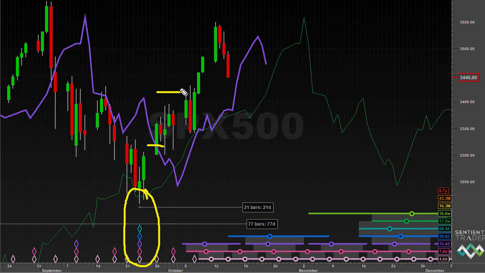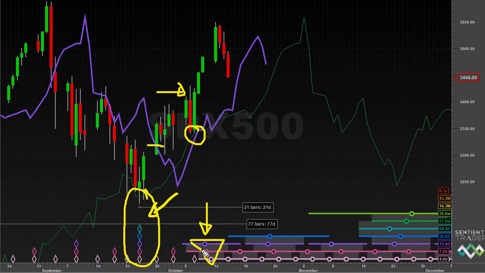It fulfilled its projection, which it is expected to do before it comes back down to the 20-day FLD. Now here is the next nest of lows. In other words, this is when we were expecting the first 20-day cycle trough to form after this 80-day cycle trough here in the third week of September.